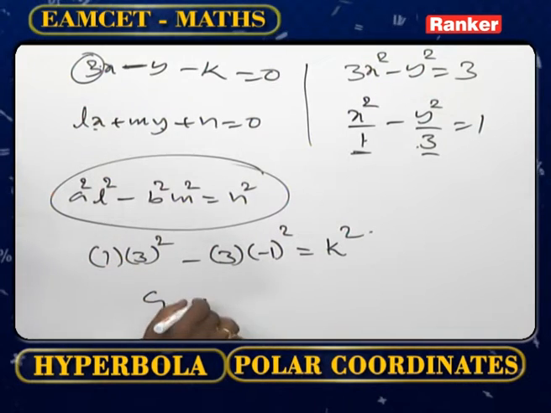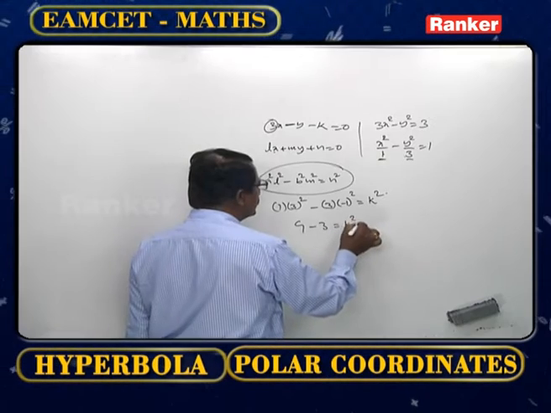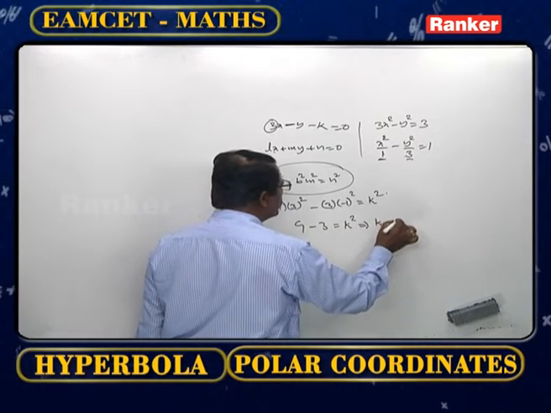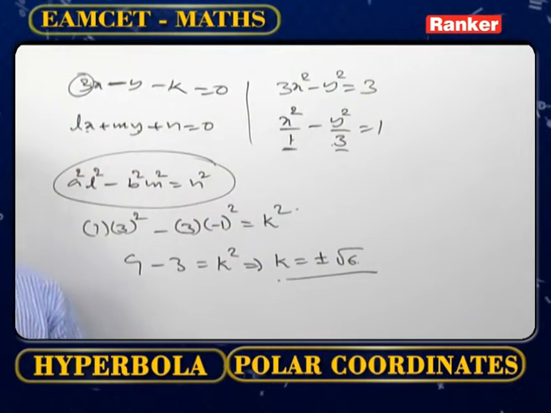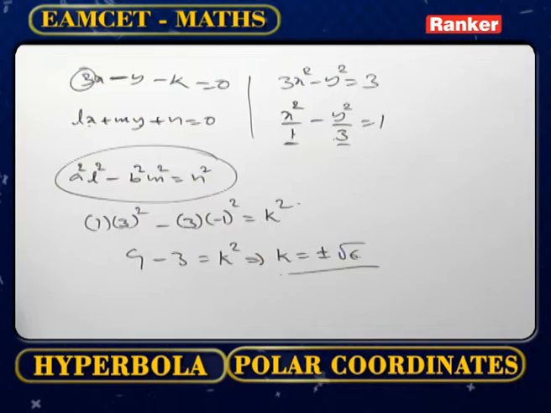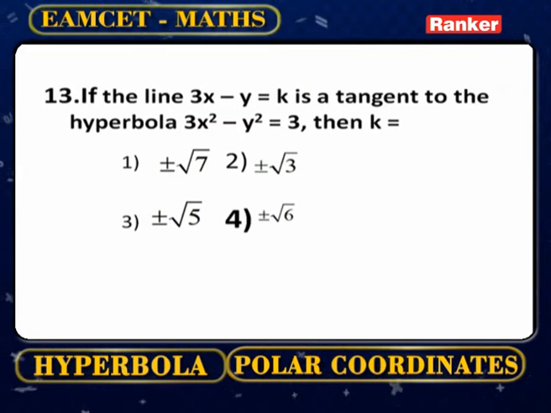Now 9 − 3 = k², which implies k = ±√6. The fourth option is correct.